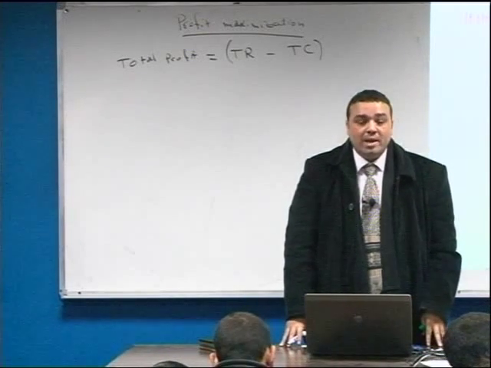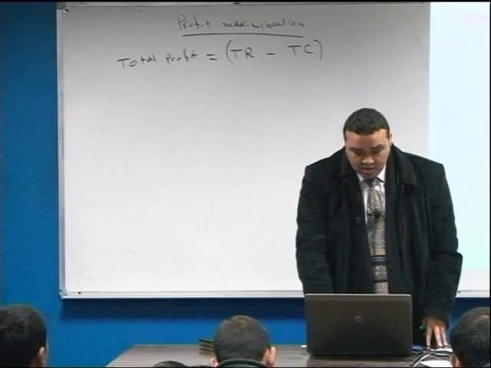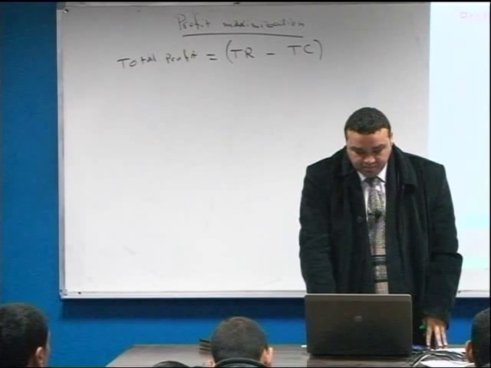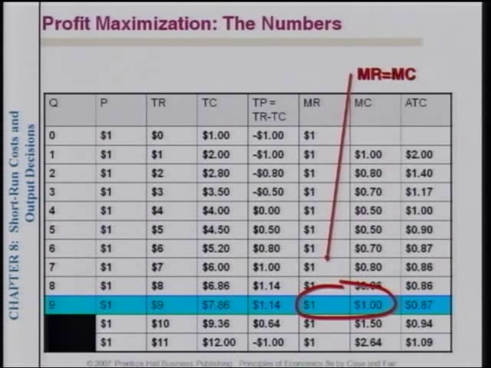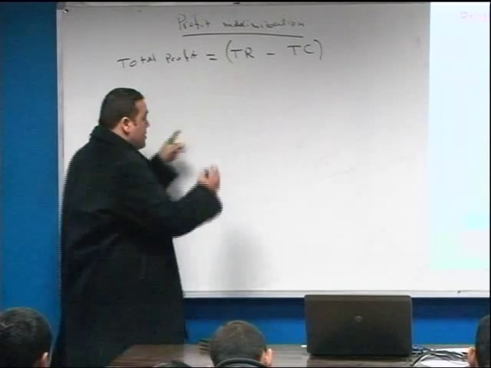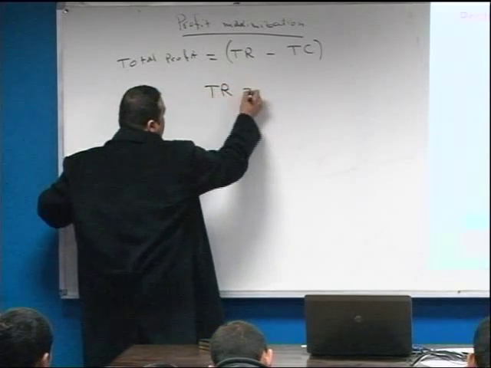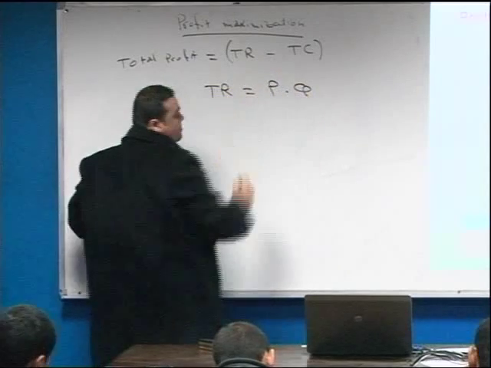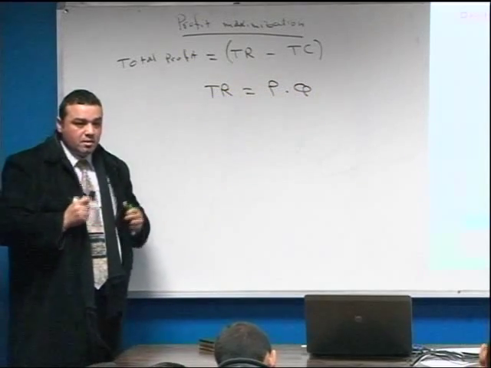So let's assume that we have the following information. As you see, what does the total revenue equal? The total revenue equals price times the quantity, right?